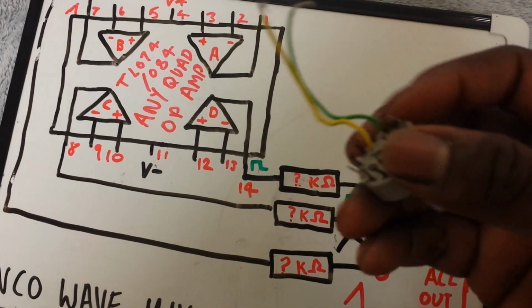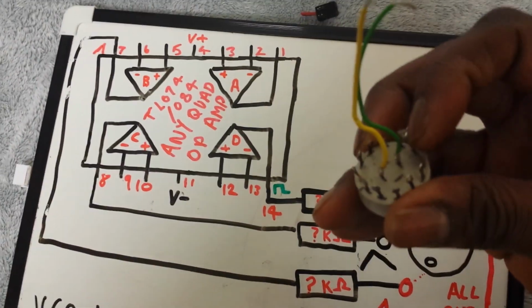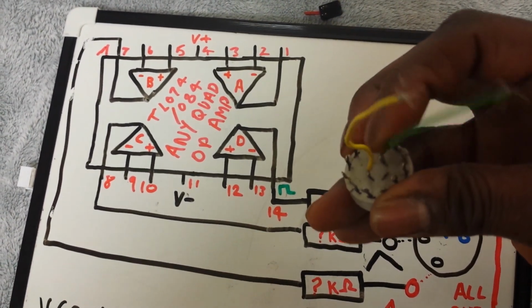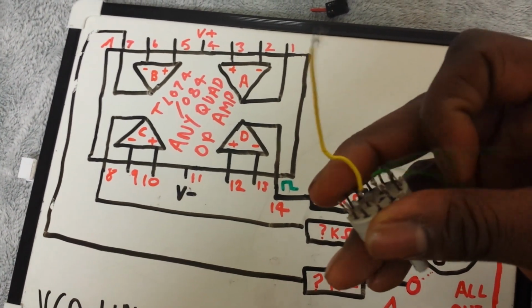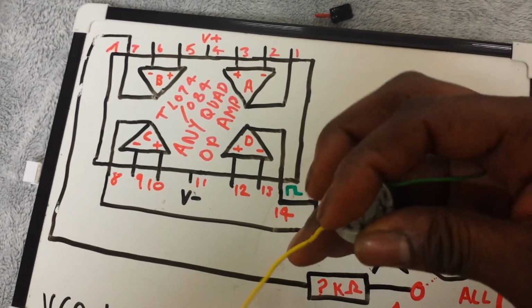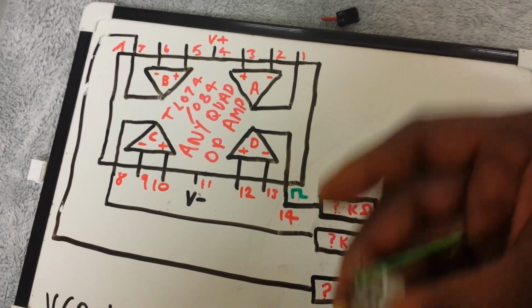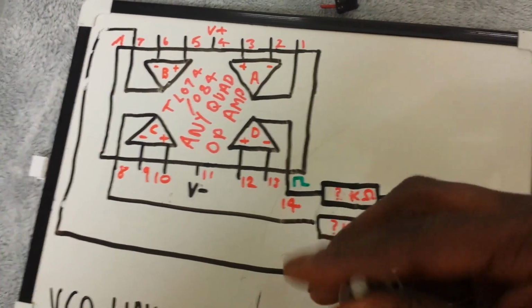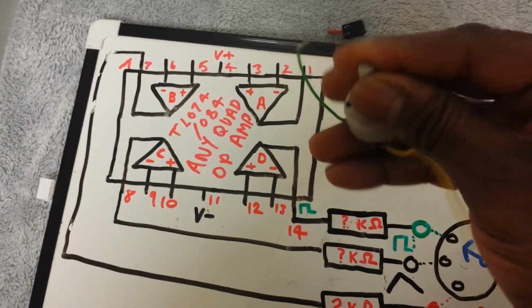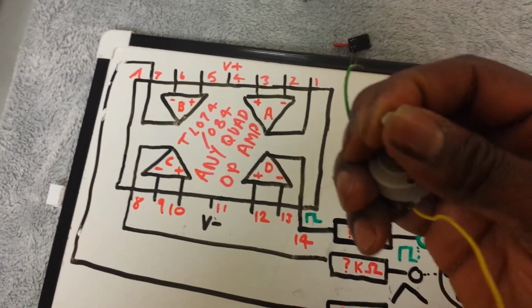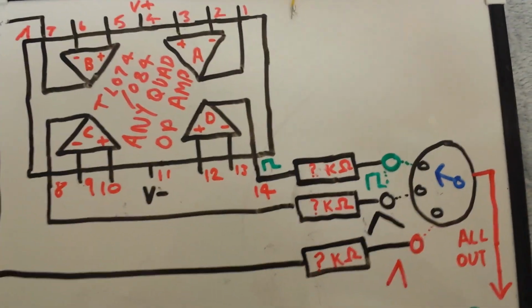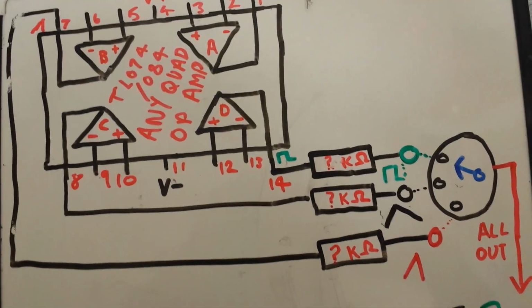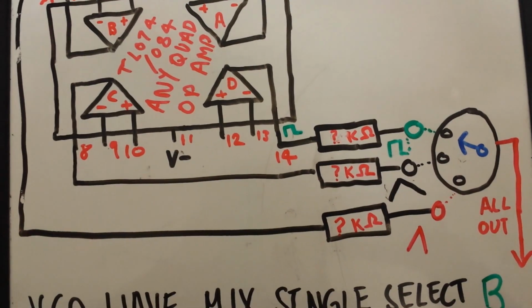We'll have 3 cables coming off for each of our waveforms, and one in the middle is going to be our output cable. So ignore this yellow cable. When we turn that rotary switch, we will select a waveform one at a time, like most standard synthesizers use, as opposed to having all waveforms selectable at the same time.